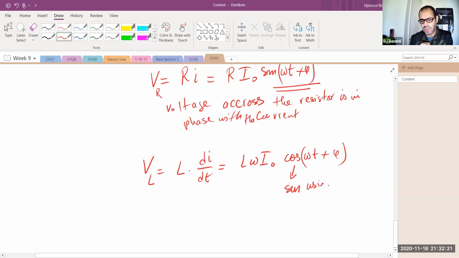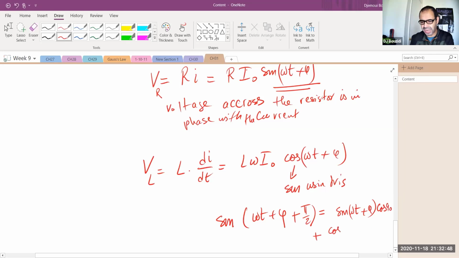So I know sine of omega t plus phi, and if I add to it 90 degrees, that is the same thing as sine of omega t plus phi times cosine of 90 degrees plus cosine of omega t plus phi times the sine of 90 degrees.